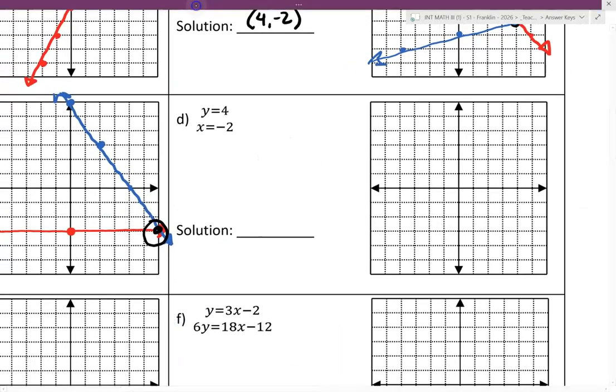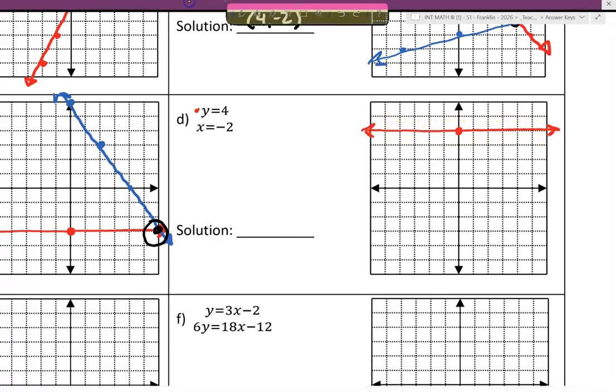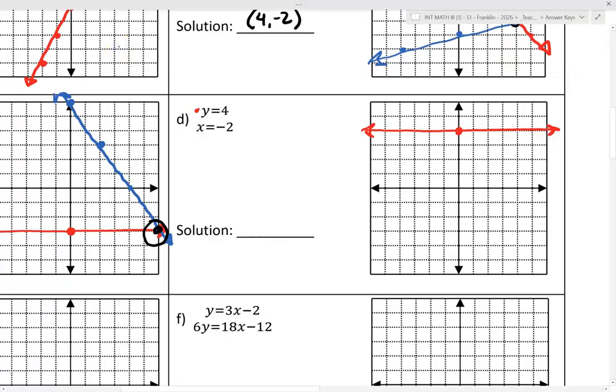All right, let's keep going. We've got y equals 4. Again, that's a horizontal line with a slope of 0 through 4 on the y-axis. Now this next one says x equals negative 2. This line does not have a slope. x equals negative 2 goes through the x-axis at negative 2 and is a vertical line.